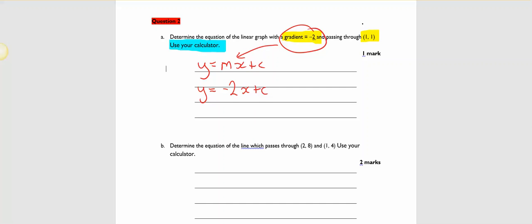What we can actually do is sub in x and y straight into this equation here. All right, so it becomes 1 equals -2 times 1 plus c. From here, we can actually just go solve for c.